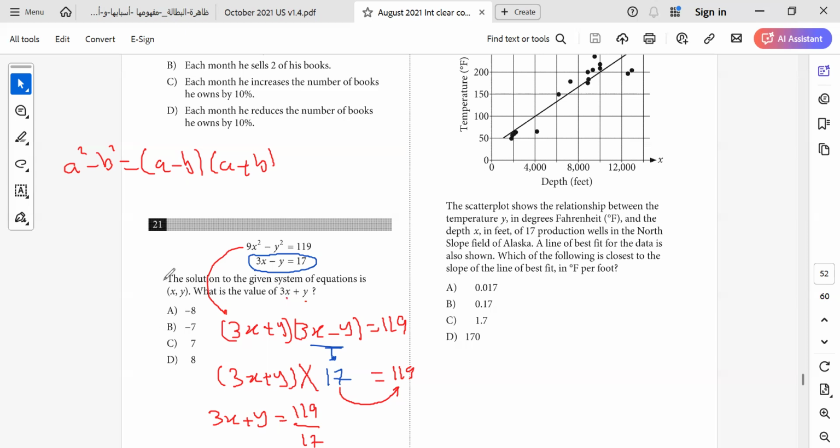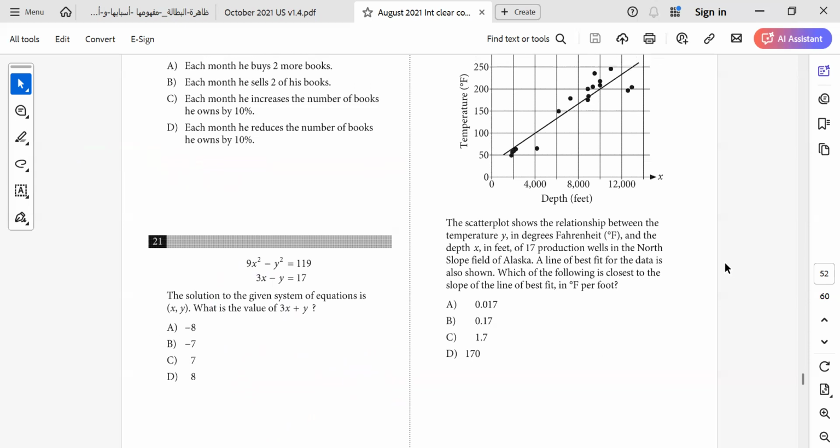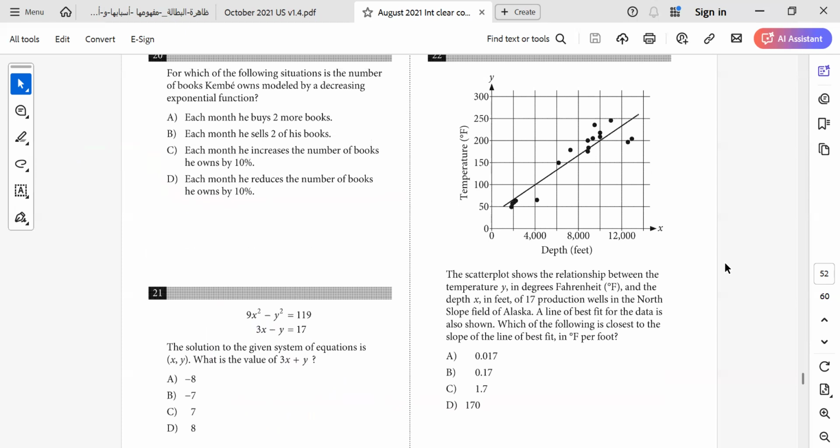Mr., question number 22. Why can't I use rise over run? I can use rise over run, but I got a different answer. Where did you put rise over run? I got it as 2 over 3. Not 2 over 3. If I did rise over run, I will do it like this, because I need exact squares.